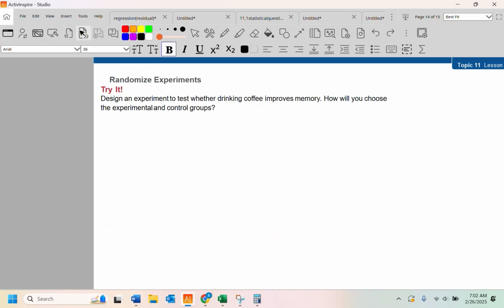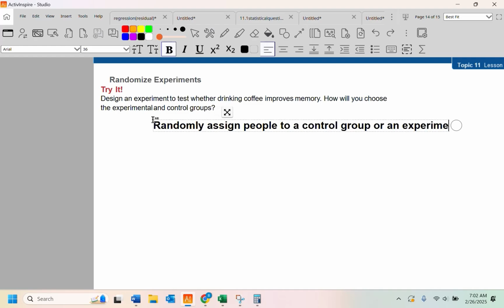Oh, there's one more. Let's just try it. Design an experiment to test whether drinking coffee improves memory. How will you choose the experimental and control groups? So obviously here, we have two groups. We have the control group. So we randomly assign people to a control group or an experimental group.